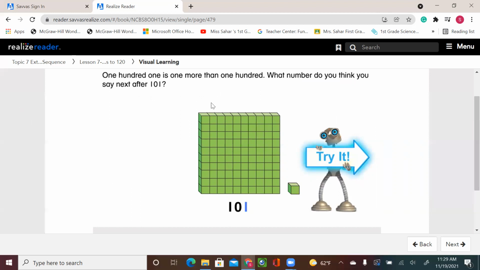So as we see, this is a 100 block, and there are 100 green blocks to make that one big block. So if I'm adding one, that's going to be 101. If I add another one, it's going to be 102. And a third block will be 103, and so on.